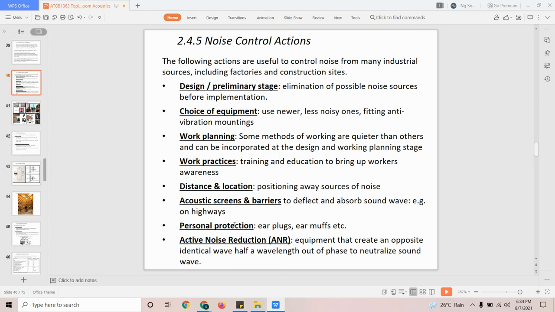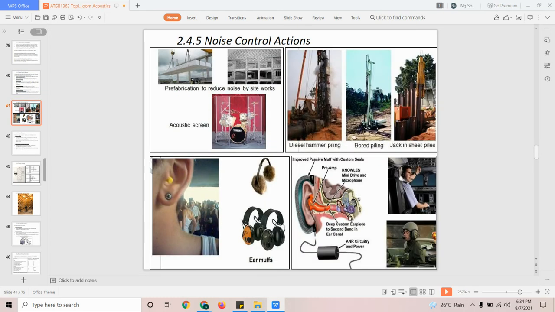Okay, so I think this is the active noise reduction. Nowadays we have earplugs or ear muffs with a circuit in the earplug itself that's able to cancel off noises.